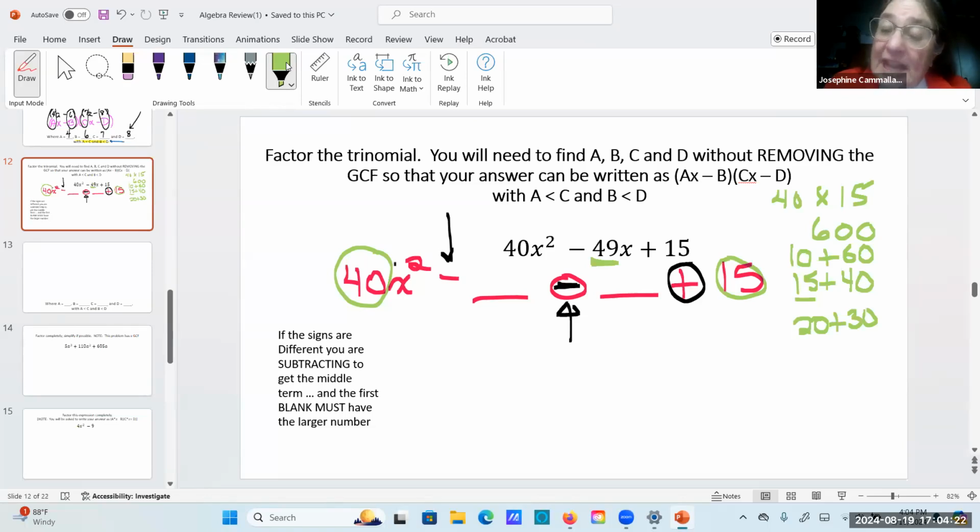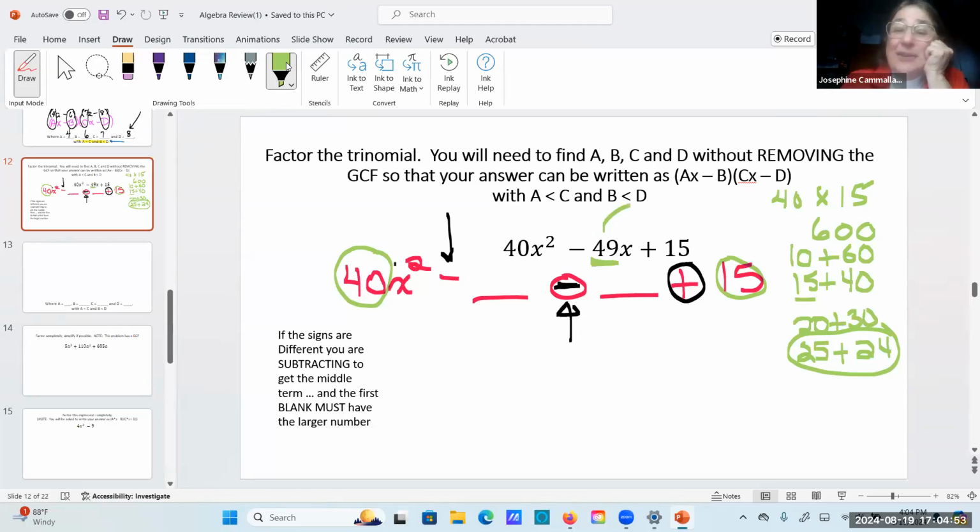Now, then I'm going to take 5 times 5 is 25. Okay. Well, if I take 600 and I divide by 25, notice what I get? 24. Yay!